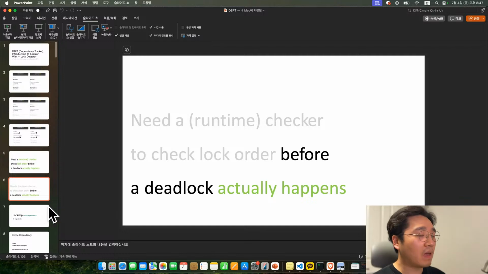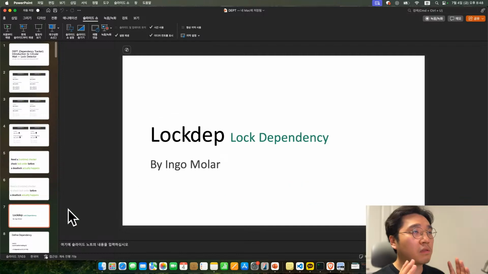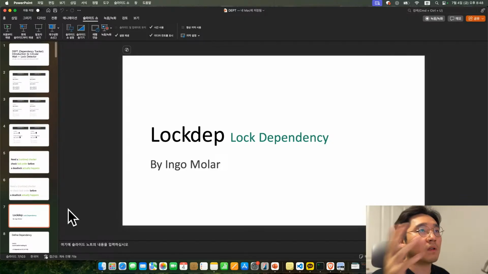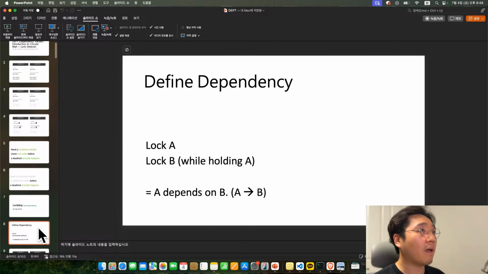So as I said, there is a long history of detecting lock dependency at runtime. We call this Lockdep. The Lockdep feature was written by Ingo Molnar.